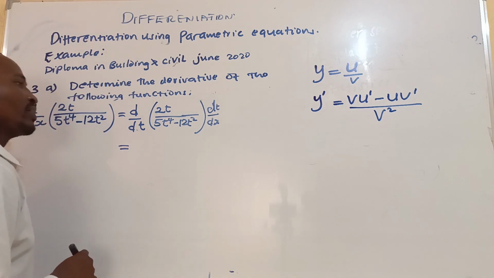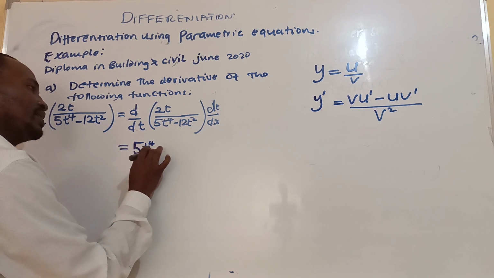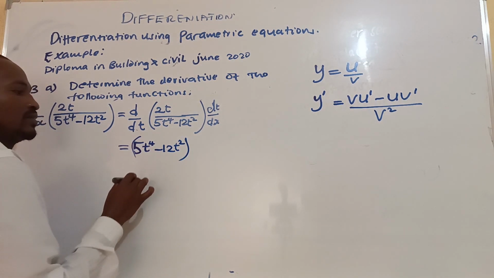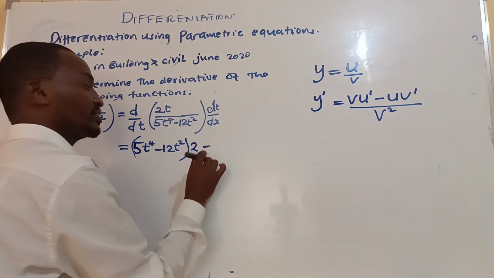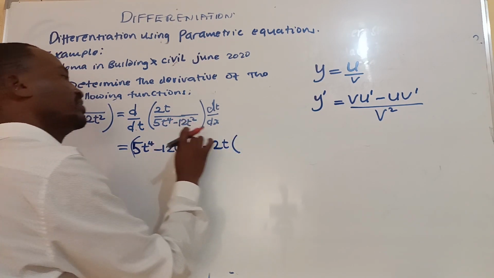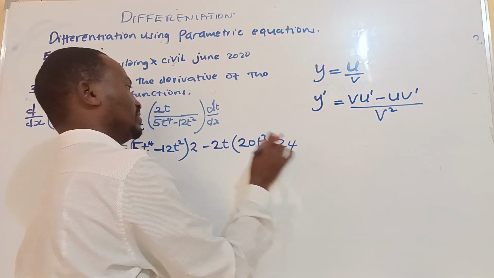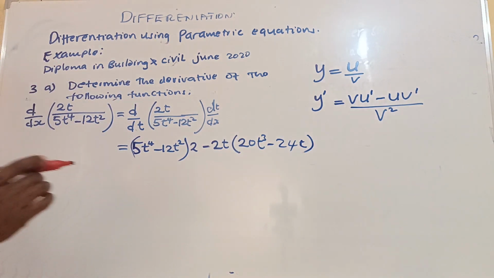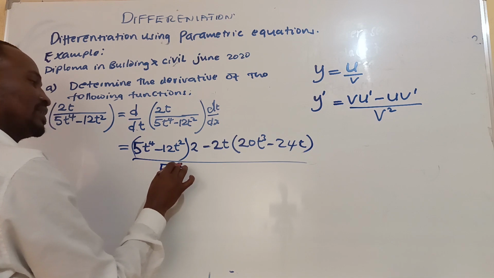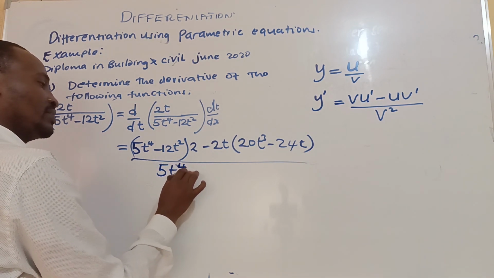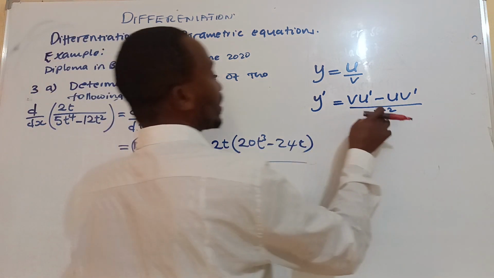So here v is 5t to the power 4 minus 12t squared, differentiate u, it is 2; take u as it is, 2t, differentiate v, it is 20t to the power 3 minus 24t, all over 5t to the power 4 minus 12t squared, because it's over v squared.